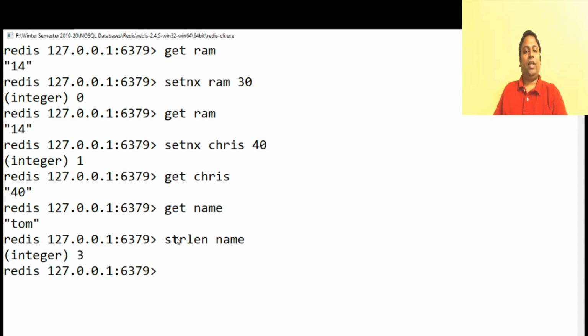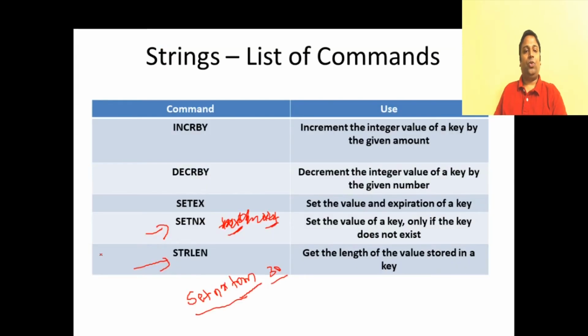So the string length of this particular value for this key is 3. What string length does is it takes the key, finds the value, finds the length of that value and returns it. So strlen returns the length of the value for a given key.